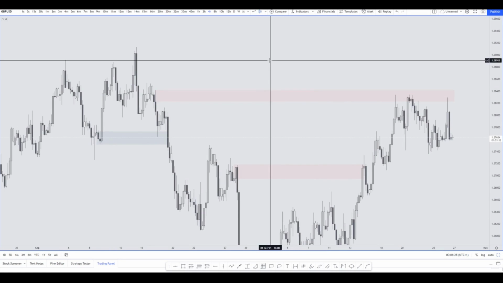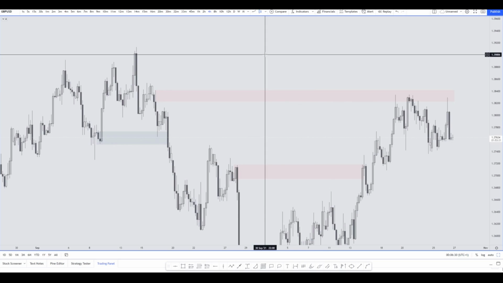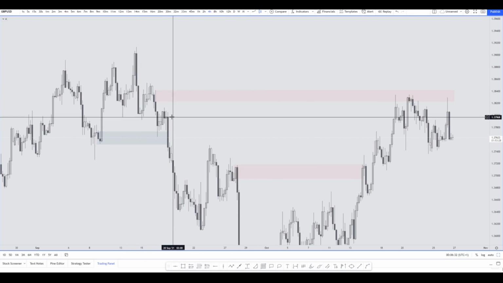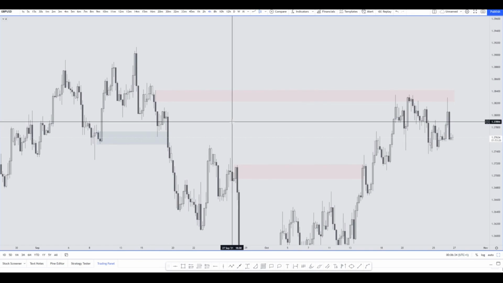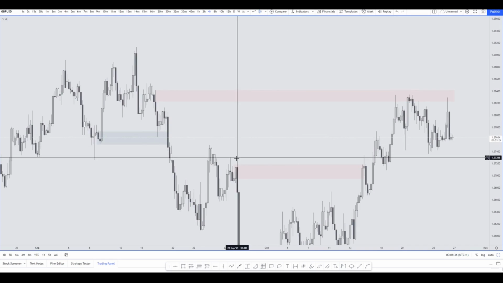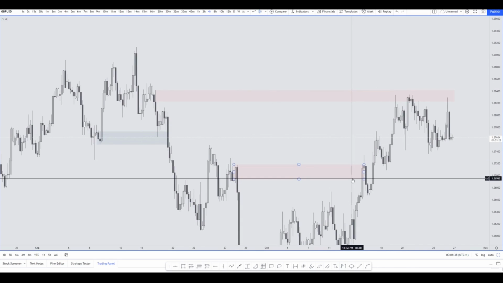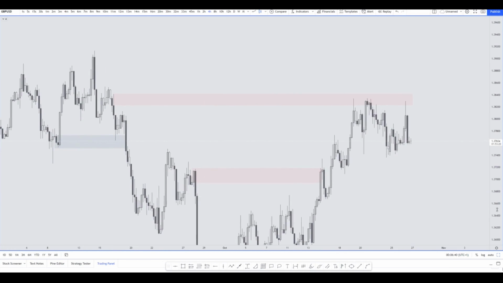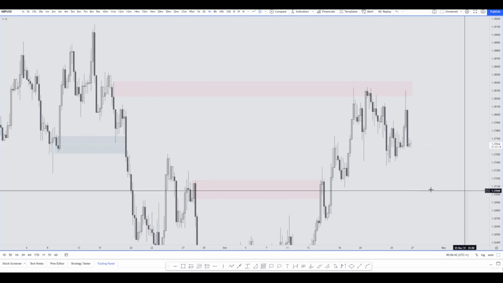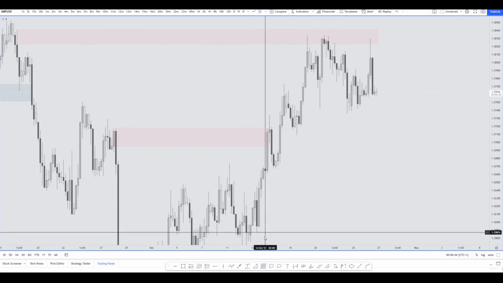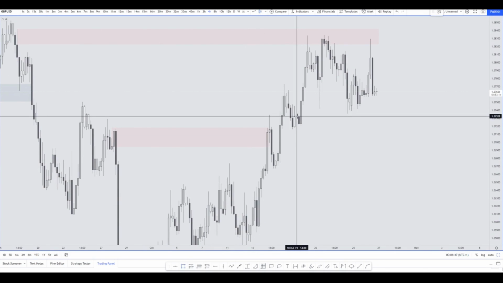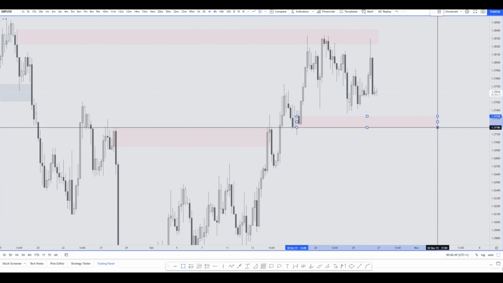What you're going to find is ultimately what works for you. I like wicks, I like bodies, I like ranges, but I will ultimately refine it to the tightest zone that I can. And yeah, the easiest way is just put some back testing in and find what works for you.